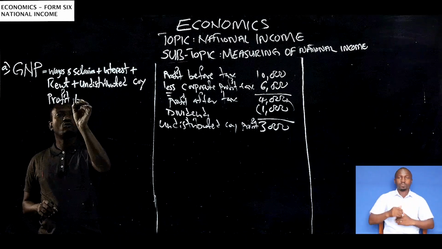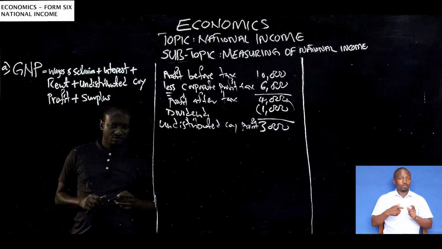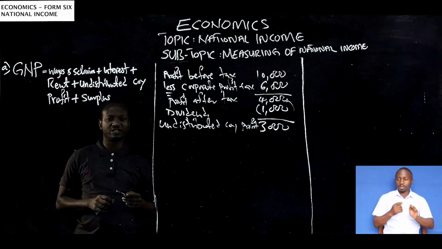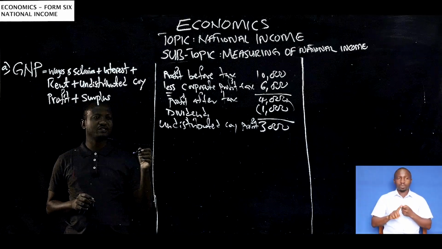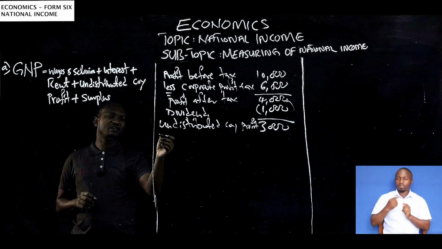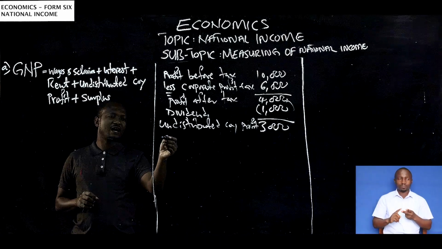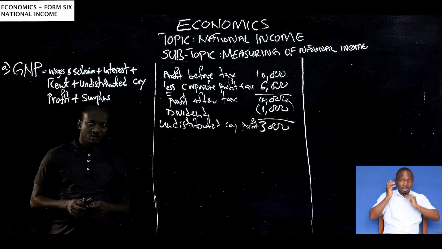And here we add surplus. Surplus is the excess of incomes over expenditures of non-trading businesses, of non-trading institutions. We can say a club like Yanga or Simba or Coastal Union.